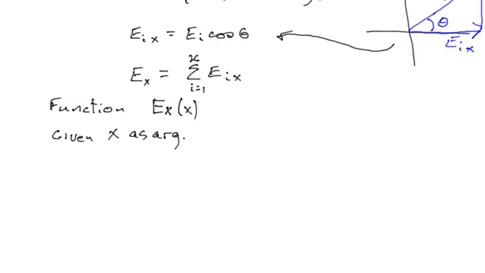Its argument is x, so I think I'll leave that part out. I don't really have to do anything given that x is given to it, and I think I'll give it a return variable, E sub x. I think that's what I'll call the return variable.